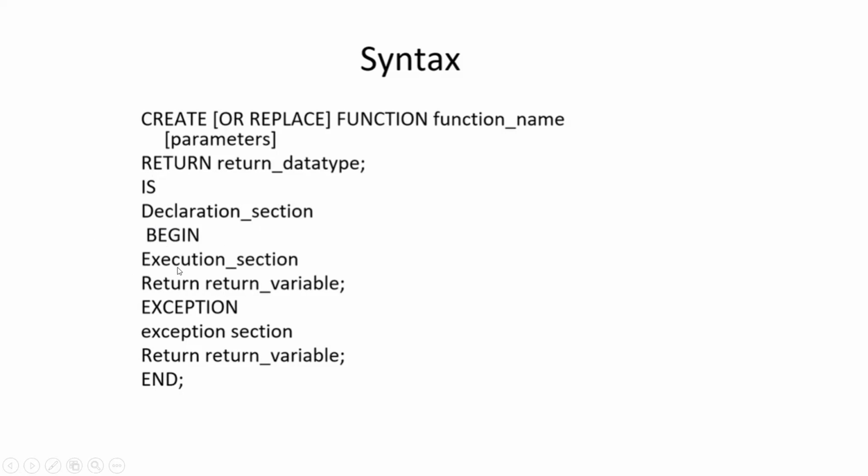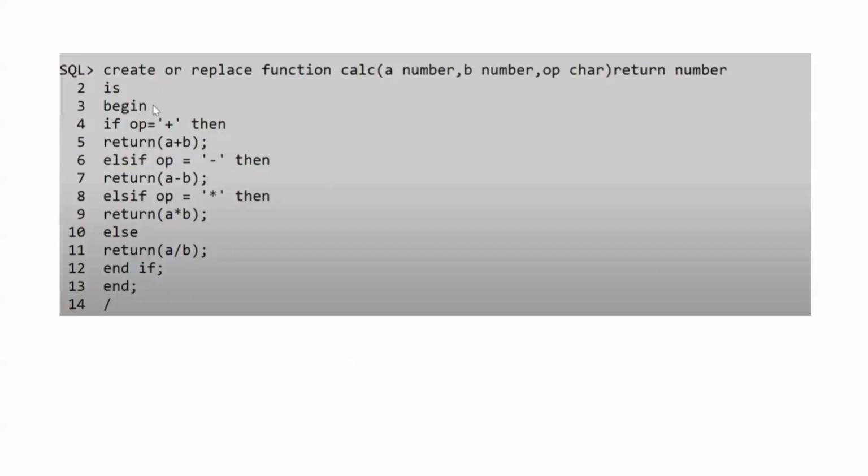After execution it must include the return statement: return variable, exception, then again return variable, end. This is the syntax for using a function. For example, we are using a program calculator.